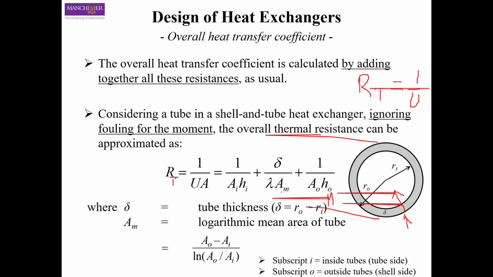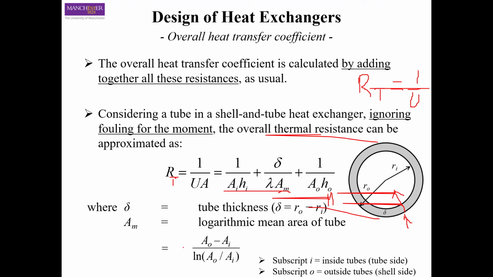And here, if you look, for conduction we are using the log mean area, and the reason is that we are in a cylindrical system, so as we are moving along the radius, the surface area keeps on changing. Okay, so it is different from a planar wall, because the change in radius causes a change in the surface area.